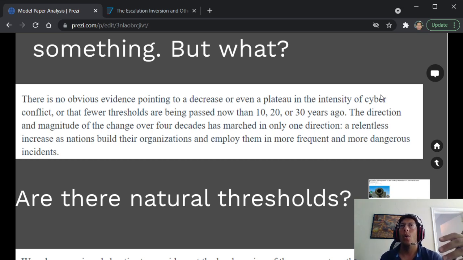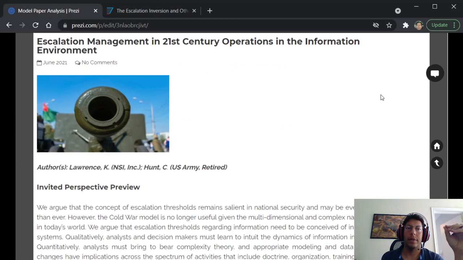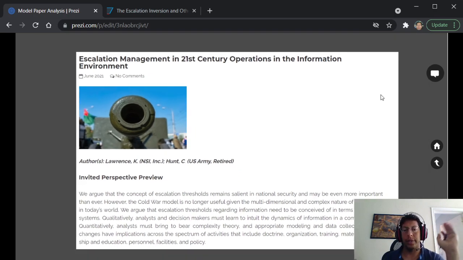Like when we start to explore mining asteroids, the value of the asteroids is what determines the increase of resources. It made me ask. And here's a paper that I guess we could read next: Escalation in 21st Century Operations in the Information Environment. I haven't read it yet. That would tie into this paragraph, and we should definitely do that.